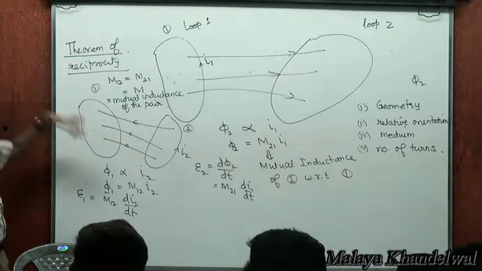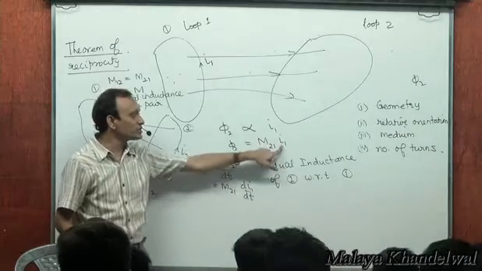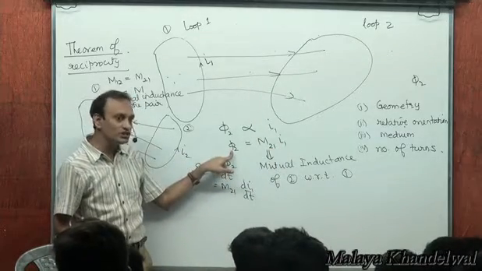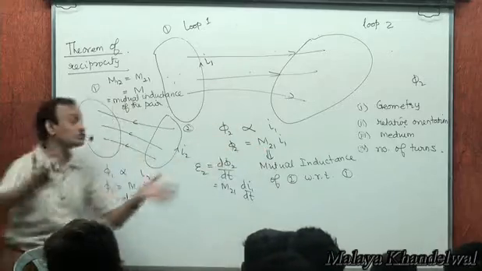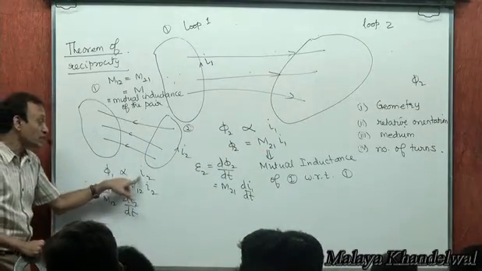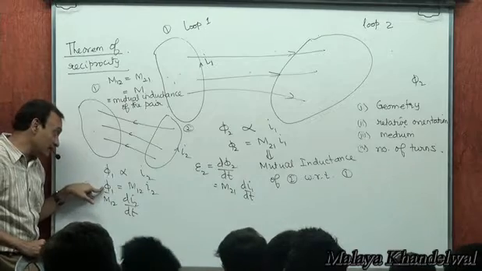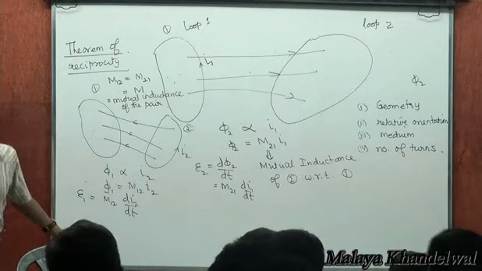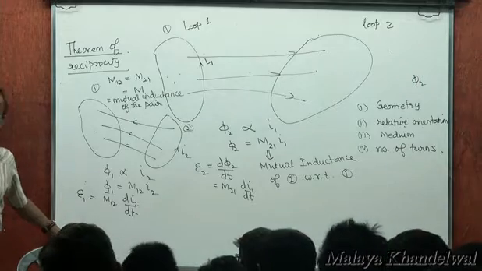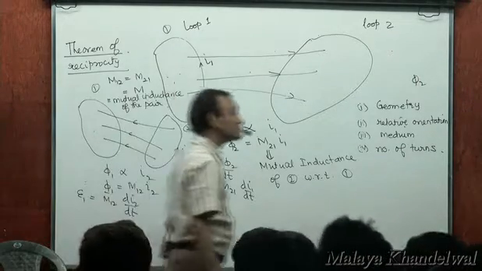That means in order to calculate M, I can imagine current in 1, calculate the flux in 2 and divide phi by I, and I can get M. Or I could just reverse the roles: drive a current in 2, obtain the flux in 1 and divide by the current. That will also give me M. In either case, I am going to get the same number. That's the important thing. That's the theorem of reciprocity of mutual inductance.